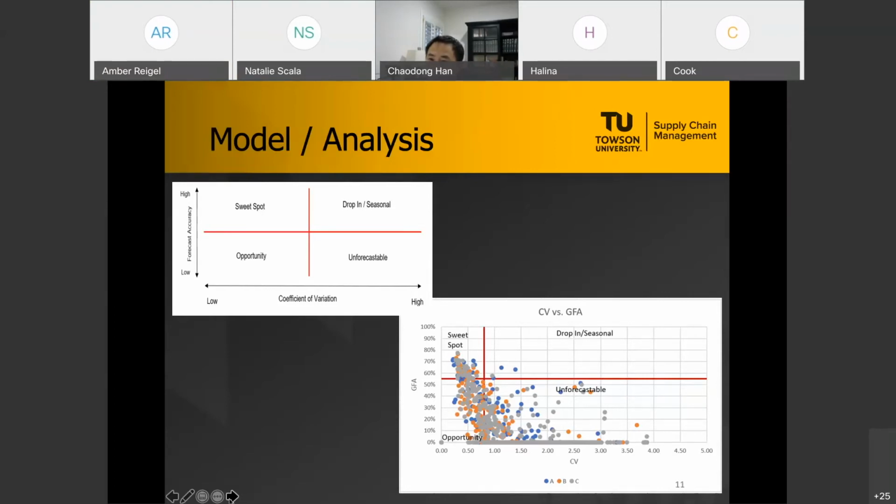The top right was that seasonal caveat where it's going to have high coefficient of variation, but we're also forecasting it well, so we're able to predict that seasonality of the SKU. And then high variation, low forecast accuracy is what we're calling unforecastable, basically saying that the variation is so high that we're not able to generate a forecast, and our historical forecast accuracy is in agreement with that, showing that we haven't been able to do it.